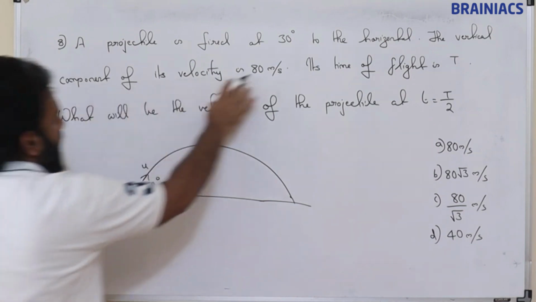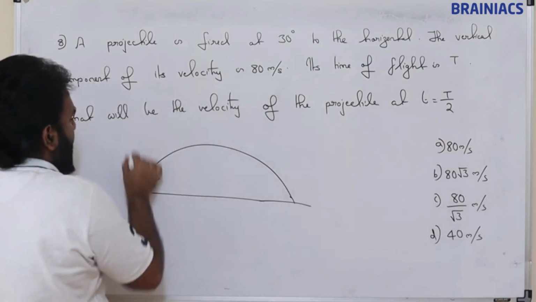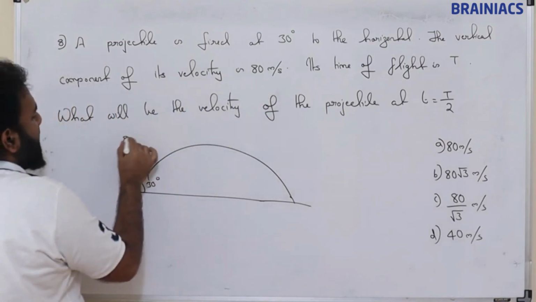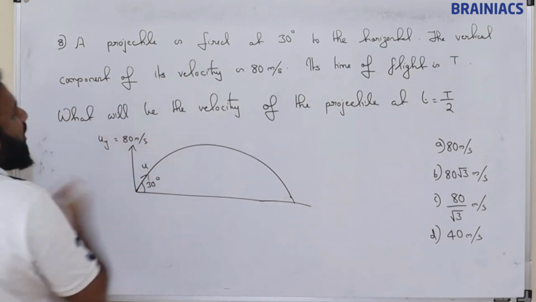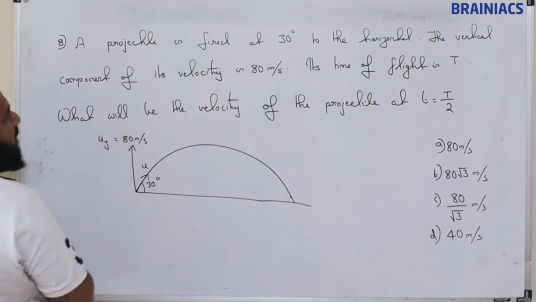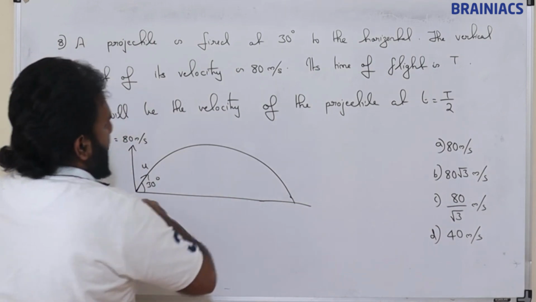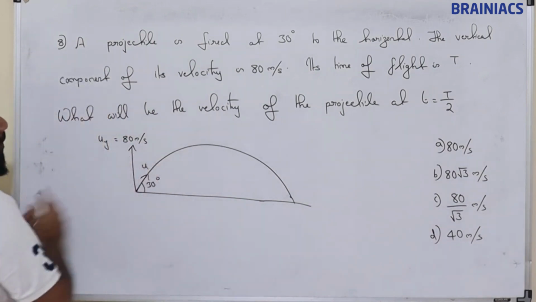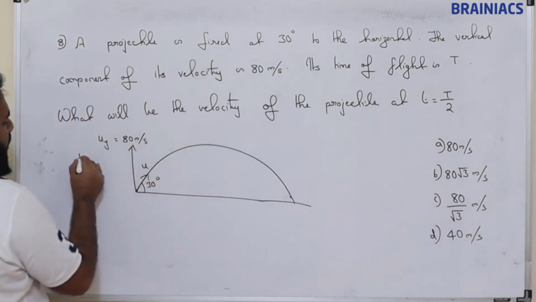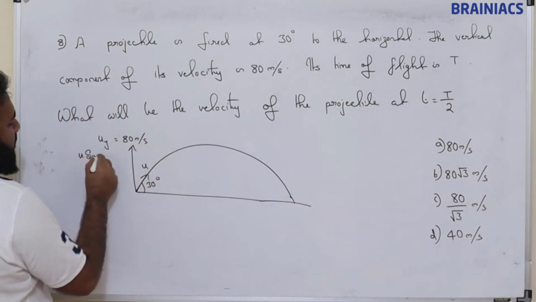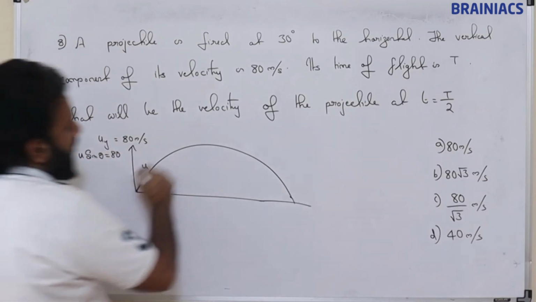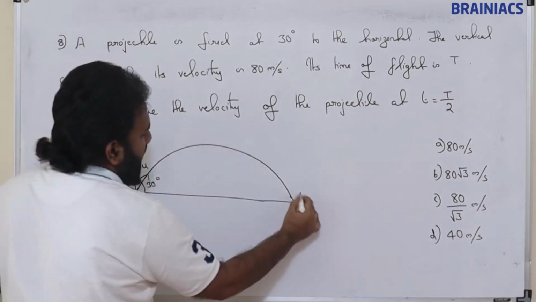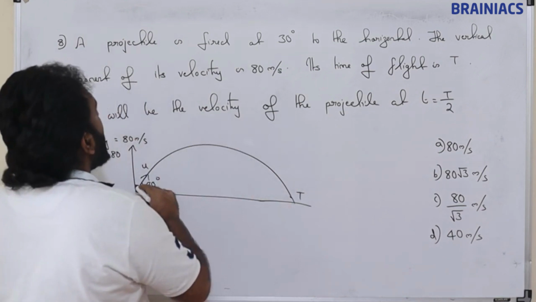The vertical component of its velocity is 80 meter per second, that is nothing but the vertical component of the initial velocity. That much is given. So this is nothing but u sin theta is equal to 80.